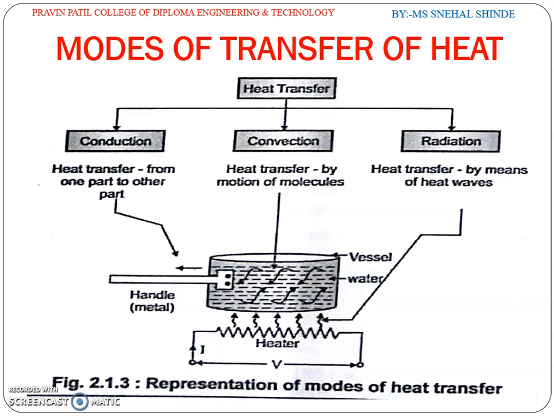The heat is transferred to the handle metal by conduction, in the water by convection, and from the heater to the vessel body through radiation. So here we clearly explained conduction, convection and radiation modes of transfer of heat.